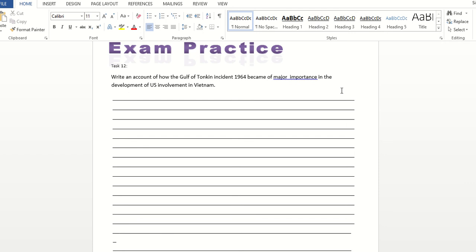So how did the Gulf of Tonkin incident become of major importance in the development of the US involvement in Vietnam? Well, think about how it led to the US launching full military operations in Vietnam, and how it led to Operation Rolling Thunder.